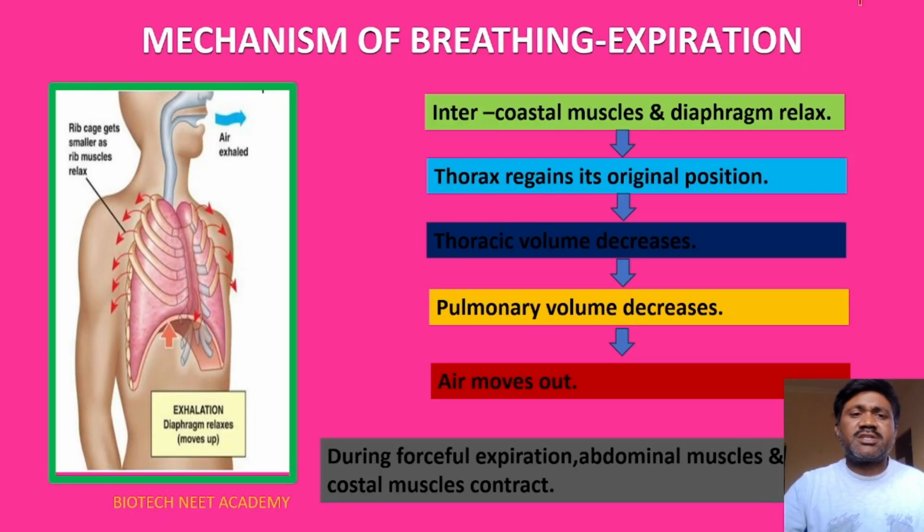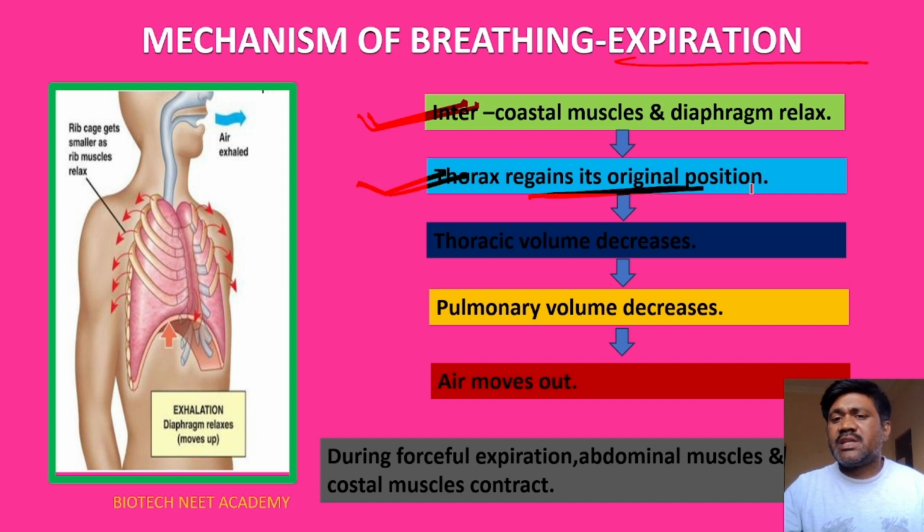Now let's try to understand the expiration step. What happens in the expiration process? The intercostal muscles and diaphragm relax. Whatever contracted now gets relaxed. The thorax regains its original position. Before this, in the inspiration process, it expanded. Now it relaxes and regains its original position.